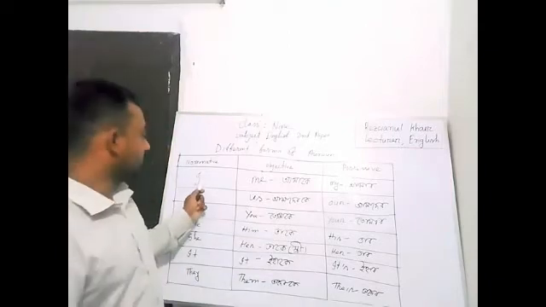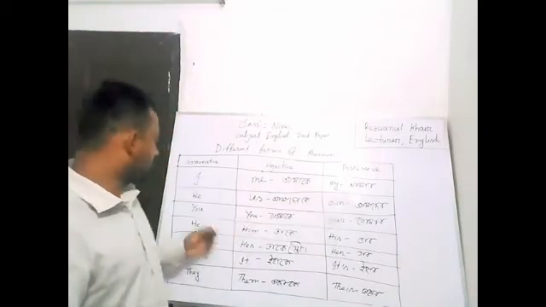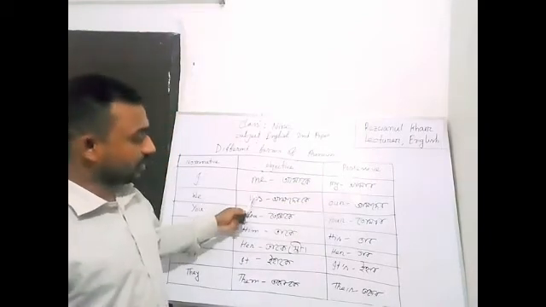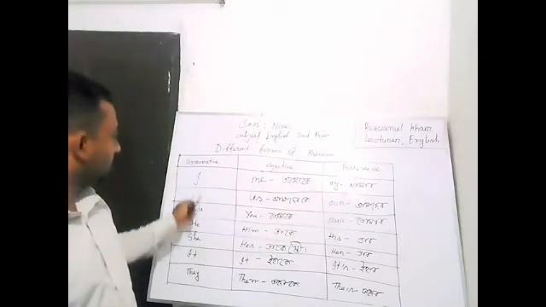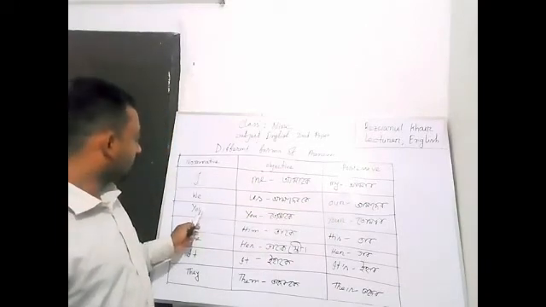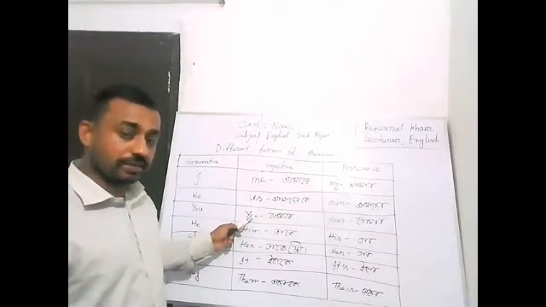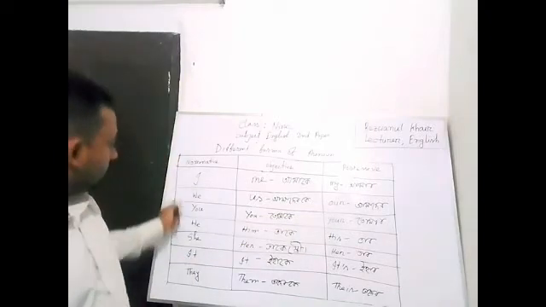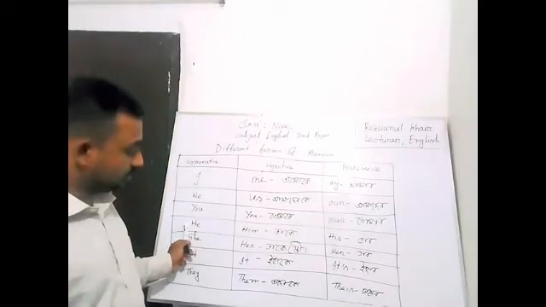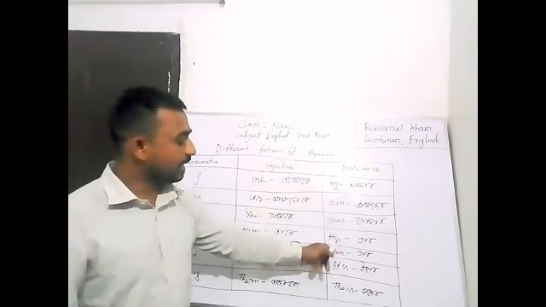Look, I, object me, possessive mine. Second, we, object us, possessive our. Third, nominative you, object you, same, and possessive your. Then he, objective form him, possessive his.